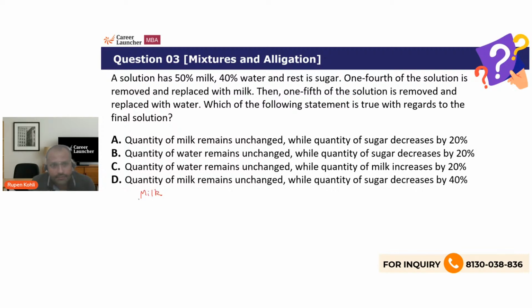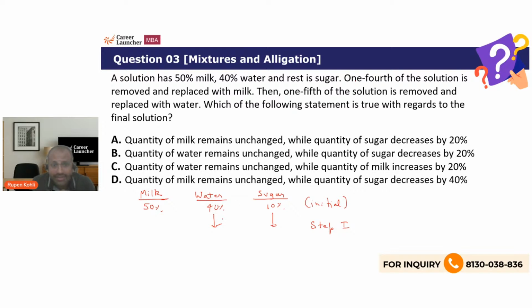Okay, so let's do this. We are starting with milk, which is 50. We then have water, which is 40. And then we have the rest of sugar, which is 10% initially. This is the initial situation. In step 1, since milk is being added, we'll find the respective concentrations of water and sugar by decreasing by 1/4.